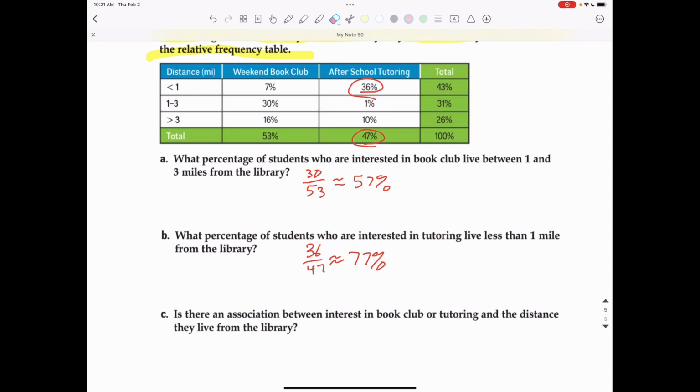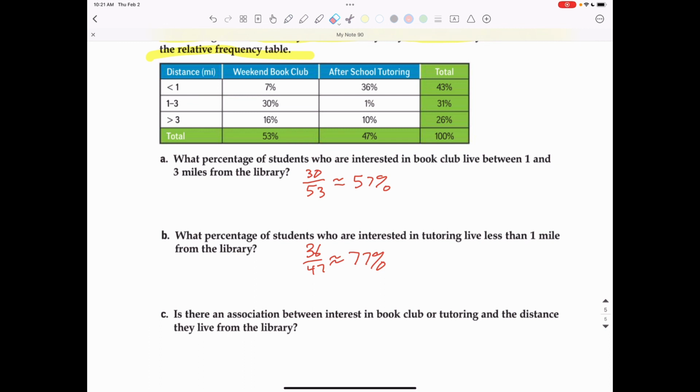Is there an association between interest in the book club or tutoring and the distance that they live from the library? So this is where looking at additional data and looking at these marginal frequencies really comes into play, because as you look at the numbers, when we compare them to the total, it looks like there's really no pattern here.